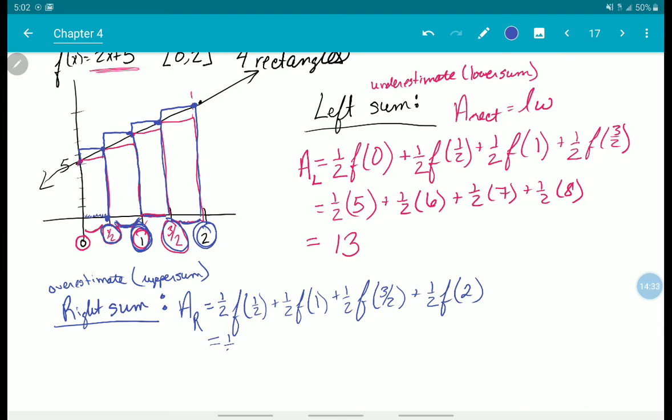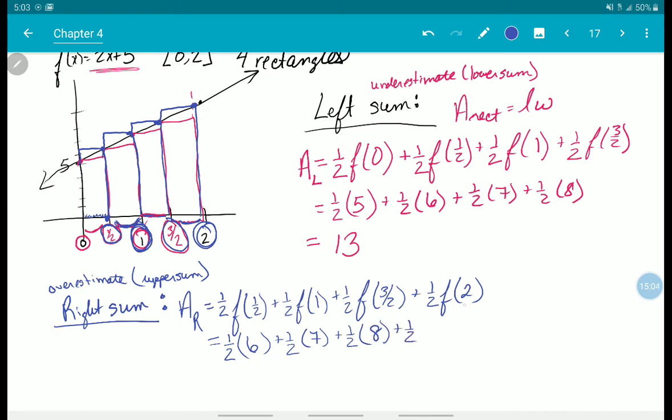So the width for each one is 1/2, but we need to substitute 1/2 into the function to figure out how tall that rectangle is. So if we plug 1/2 in, we're going to get 6. If we substitute 1 in, we're going to get 7. If we substitute 1.5 in, we're going to get 8.